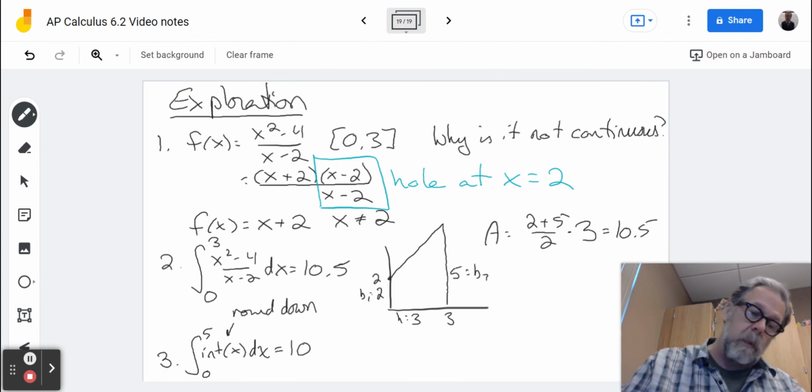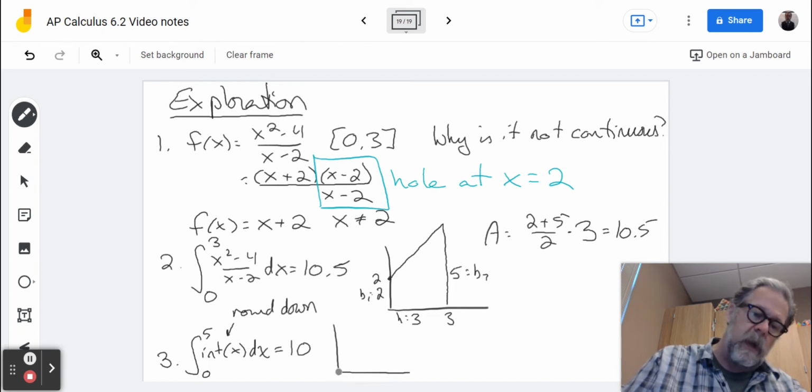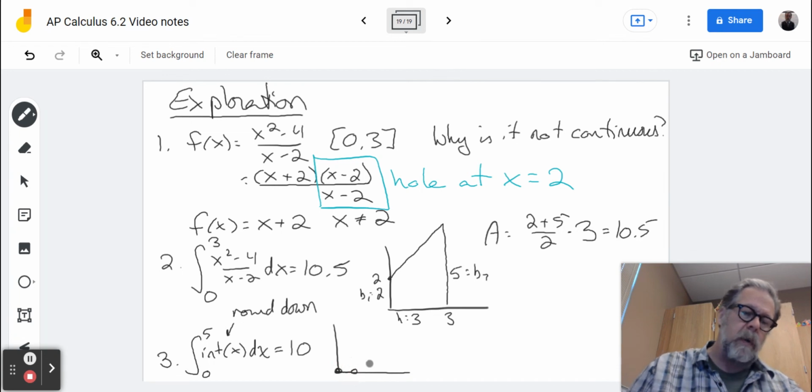All right, welcome back. If we graph this function, here's what we see: everything between 0 and 1 rounds down to 0. Everything between 1 and 2 rounds down to 1. Everything between 2 and 3 rounds down to 2. And so looking at this, I have an area of 1 here.